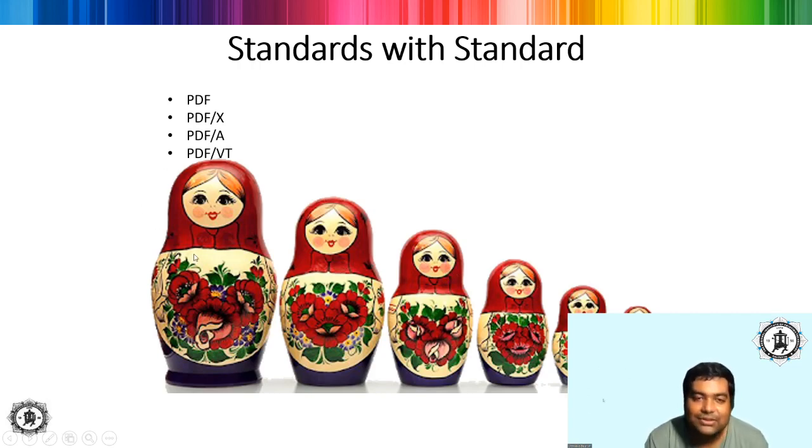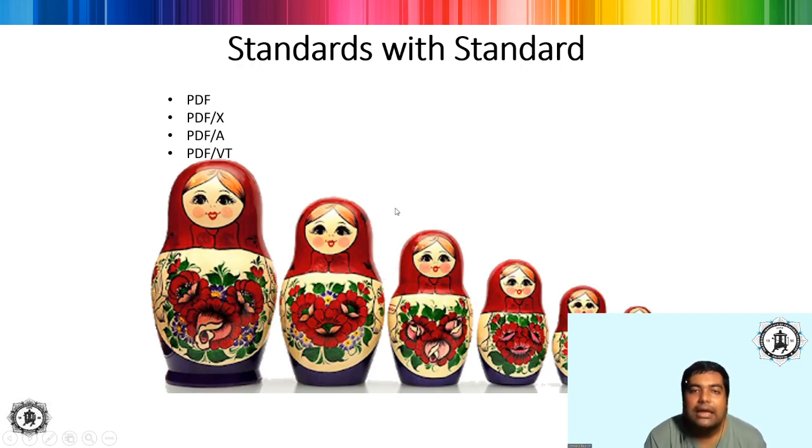If the largest doll represents the PDF standard, then one subset of that standard, with what is allowed and what is not, a constrained version of the standard, is PDFX. What the remaining dolls are, we will come to. We will not be using all the dolls maybe, so I should have given only 3 dolls. That would have explained the concept more coherently, but nonetheless the concept is the same.